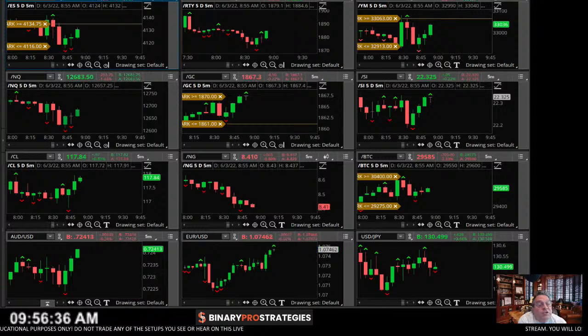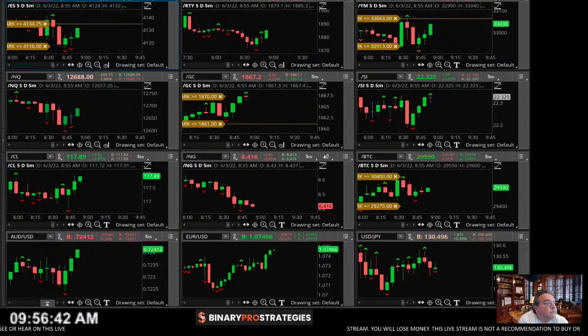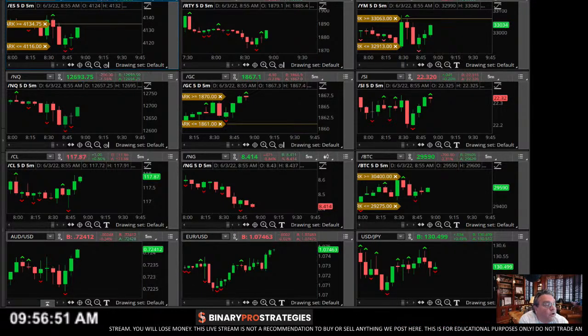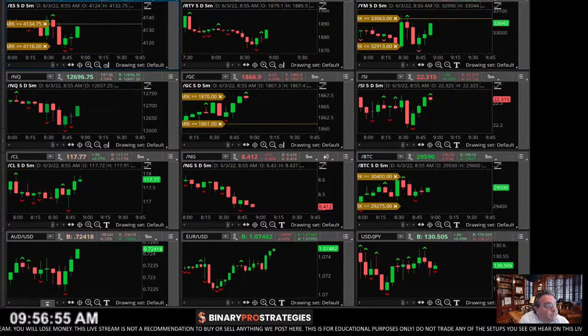Target RTY just hit buy, so RTY now is going buy, which is your small cap. Target on that small cap is going to bring us up to 1889.